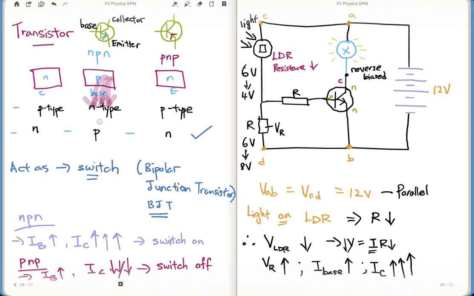What happened? Therefore, it will allow electrons to pass through it as well. So therefore, if your current going in there increases, your collector current increases more. That's why you get a switch on.